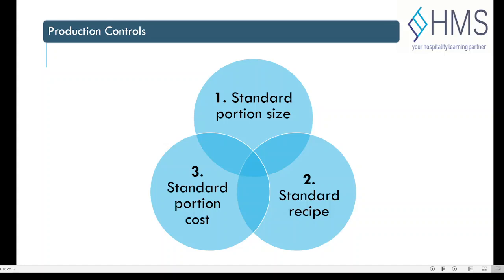Based on the average prices that they have decided, there is a portion cost. So the standard portion cost is going to be a combination of one and two, standard portion size and standard recipes. Once you have these two, the standard portion cost is just a calculation, right? So usually the cost controller is to ensure that the first two are done properly.